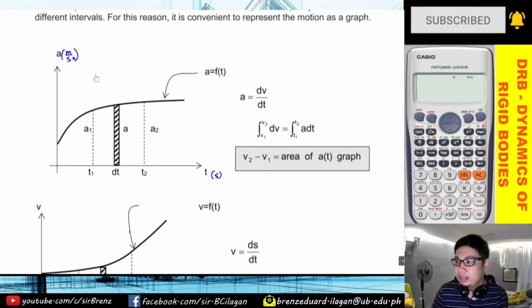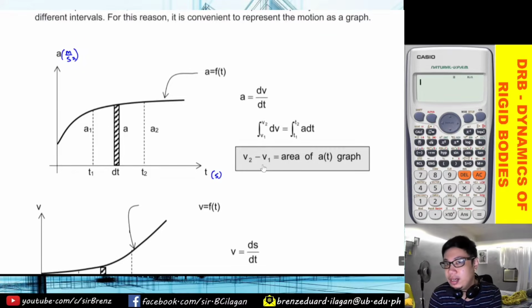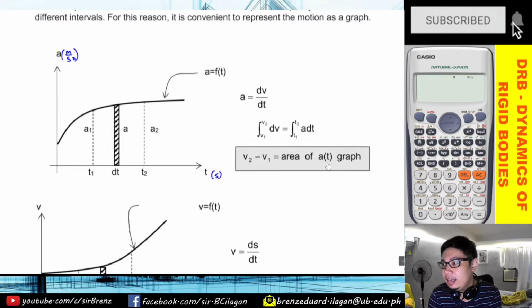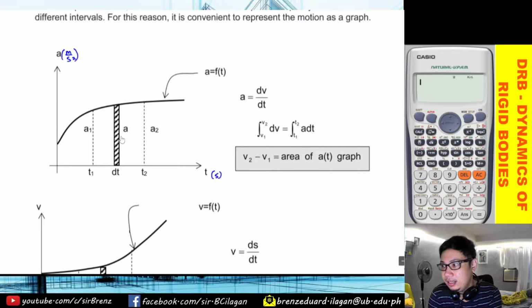Okay? So, ang sabi dyan, if you're going to solve for the velocity at a certain time t, ang mangyayari dyan, that is just the area of the A versus T graph or yung area na tatamaan nito. So, for example, dito, meron kang strip. So, that strip is considered as a dt, which is papatakbuhin mo from T1 up to T2.